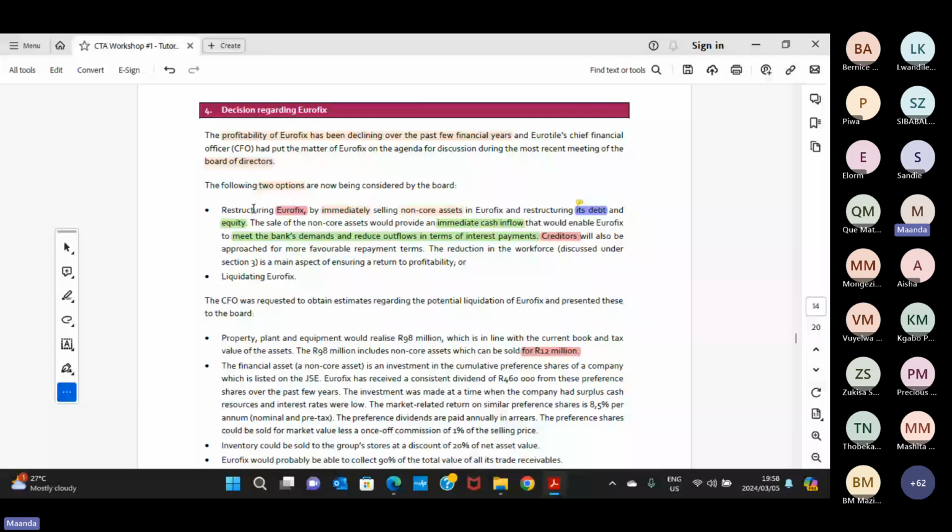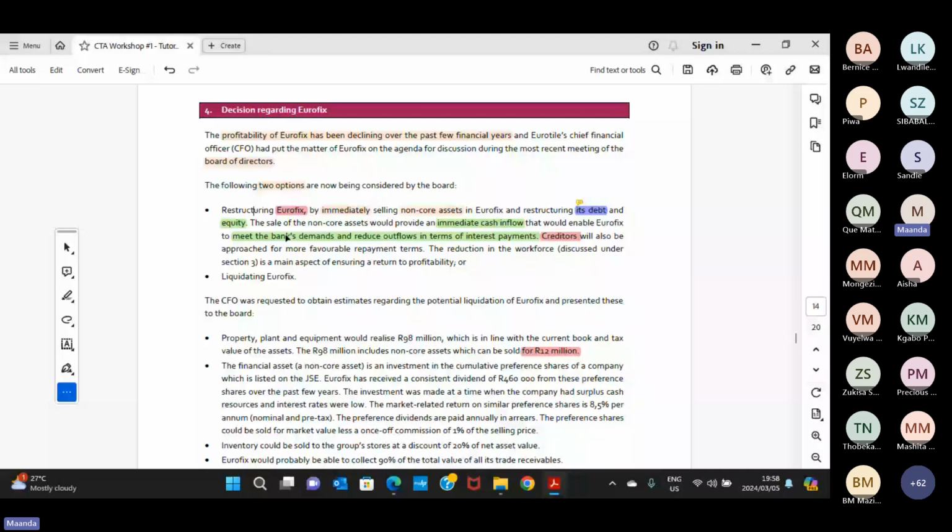If you go down, we will see when we read it, they talk about skilled employees leaving and all those things. So if you restructure, one of the things that I can think about is how will this impact our ability to retain those key employees?